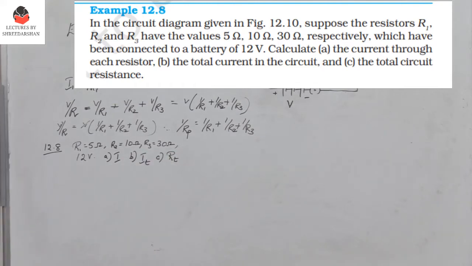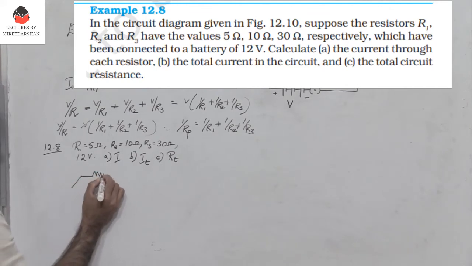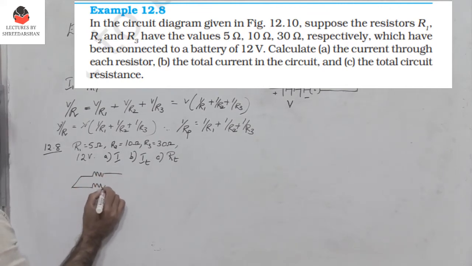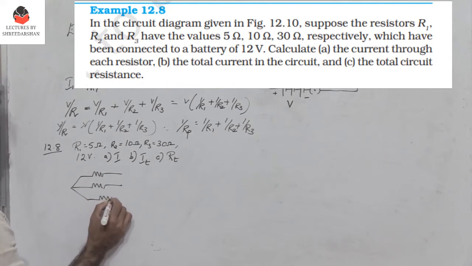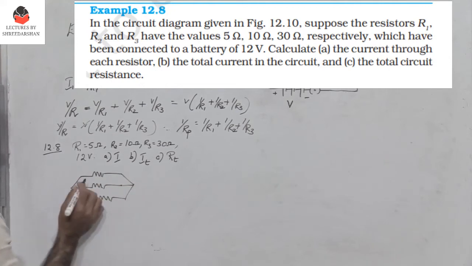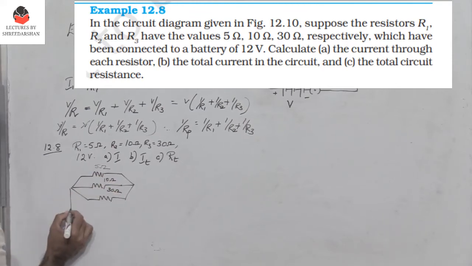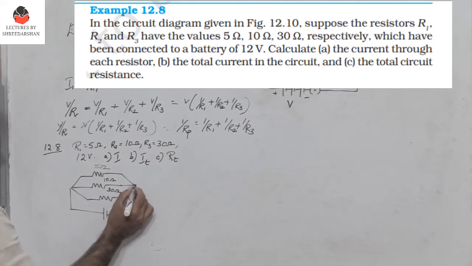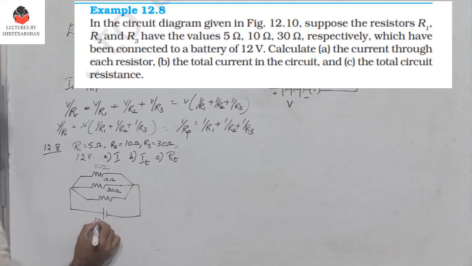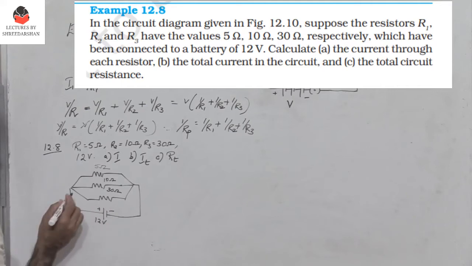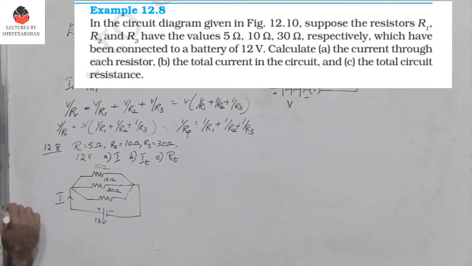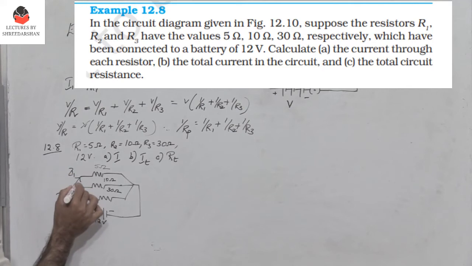So they are all connected in parallel. So I have R1, then you have R2, and then you have R3. All the three resistors connected in parallel. So 5, 10 and 30 connected across 12 volts. So this is the total current I, and I have I1, I2 and I have I3.